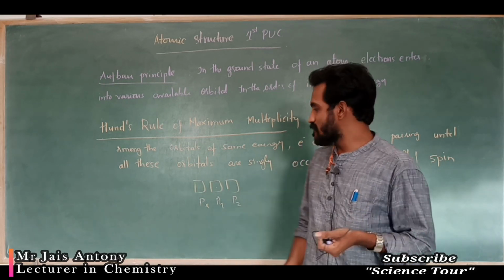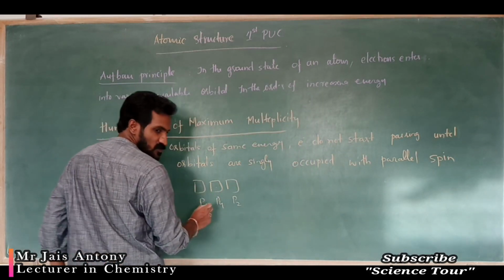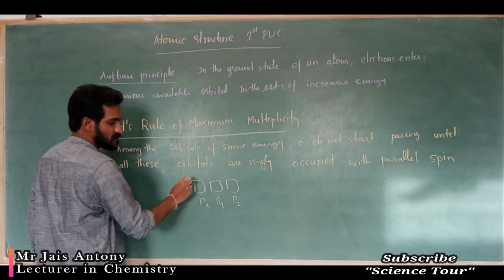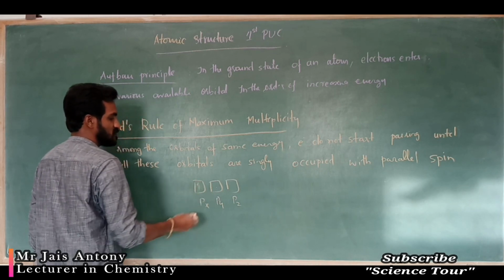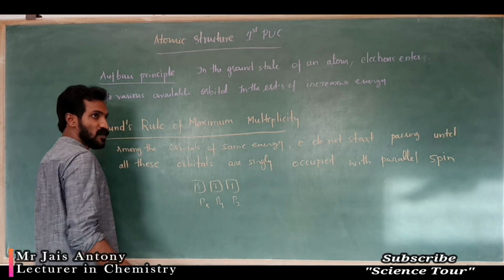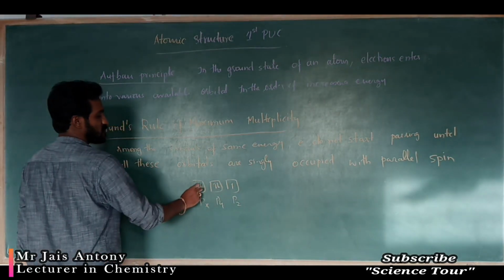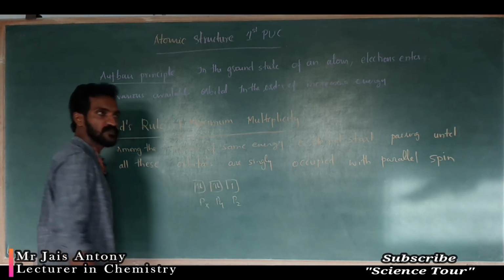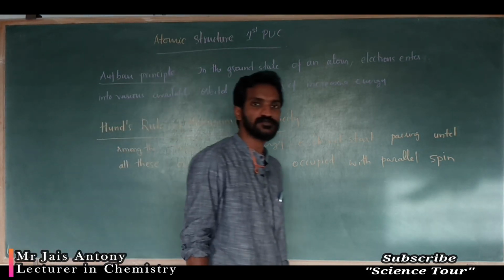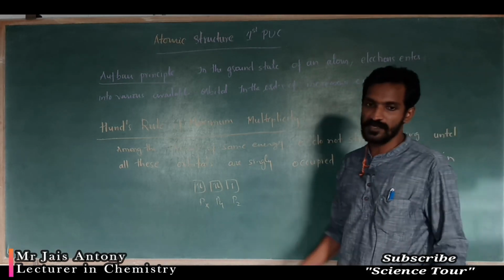Understood? So imagine you have 5 electrons. How to give 5 electrons? You cannot give 2 electrons first here. 1 electron for this one, 1 electron for this one, 1 electron. 3 electrons are over. Now 2 more electrons we have. Like this. 1, 2, 3, 4, 5. 5 electrons. Clear?